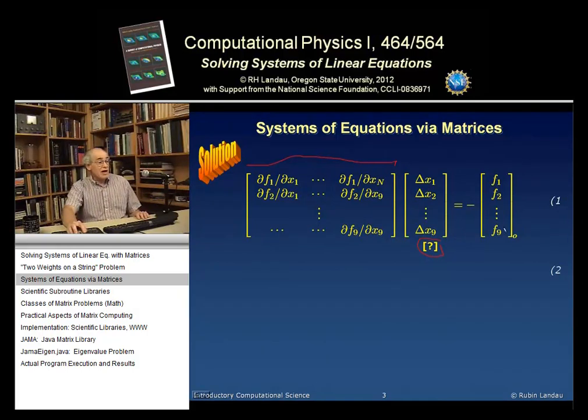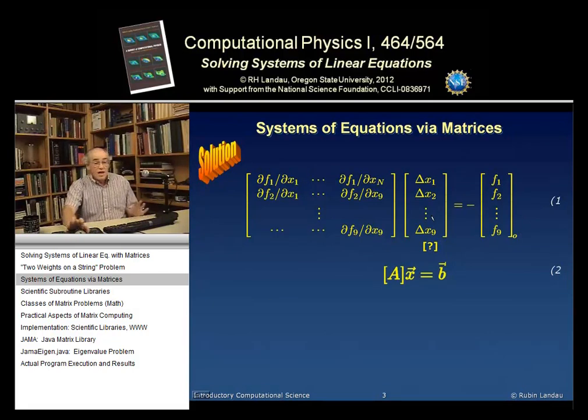And then the right-hand side of this equation, indicated with a little 0 here, is a guess value. And we know what our first guess is. We make it up. So this is just the equations, the f's, evaluated at the first guess. So what we need to solve for in equation 1 are these unknowns, delta x.